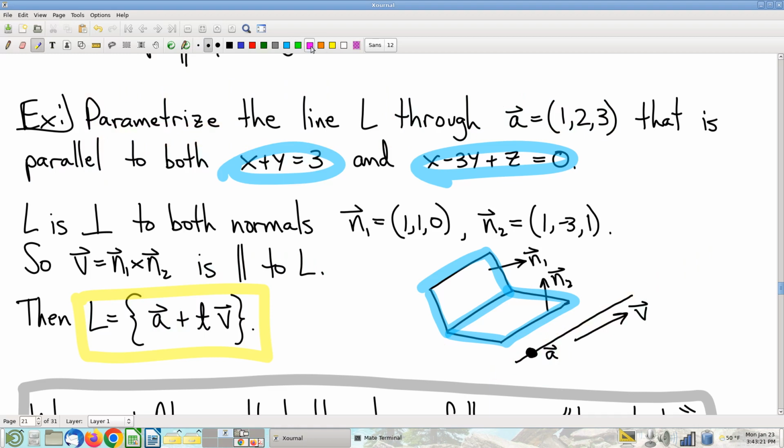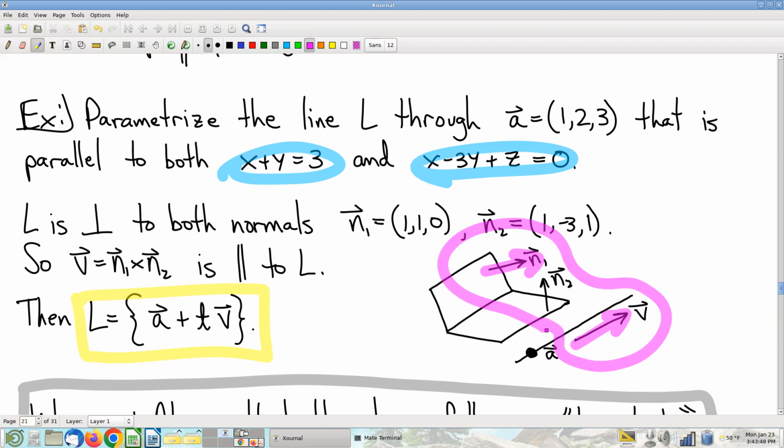V being parallel to the line, V has to be parallel to the plane. The plane is perpendicular to the normal vector, and so therefore V must be perpendicular to that normal vector. Everybody with me? And likewise, V must also be perpendicular to that other normal vector.